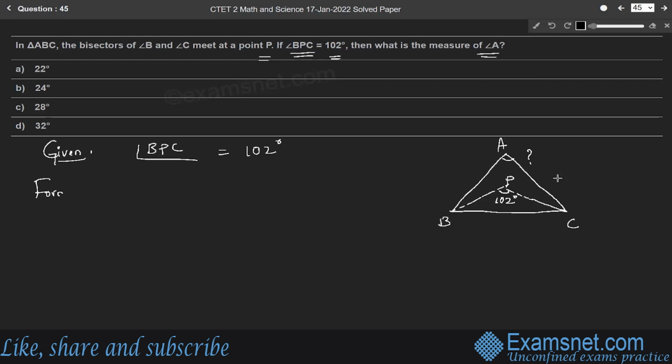So here is the formula to be used. The angle formed by the bisectors of two angles in a triangle is equal to 90 degrees plus angle A by 2. So the angle formed by the bisectors of two angles in a triangle is equal to 90 plus the angle formed at the opposite vertex by 2.